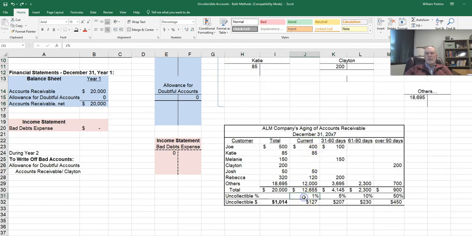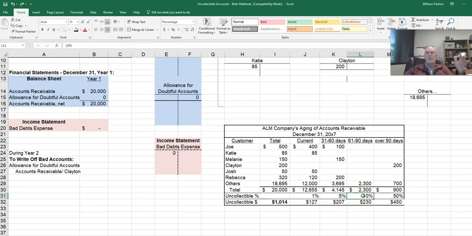And let's say that of the current balances, we think maybe 1% of those is uncollectible. And then we have some other accounts that are between 31 and 60 days old, and we're estimating 5% of them is uncollectible. And then a few other accounts, 61 to 90 days old, we'll apply 10% to that.